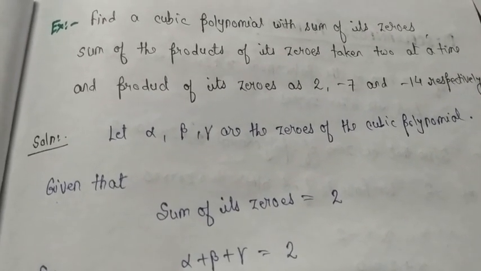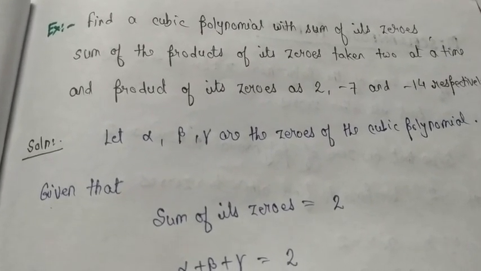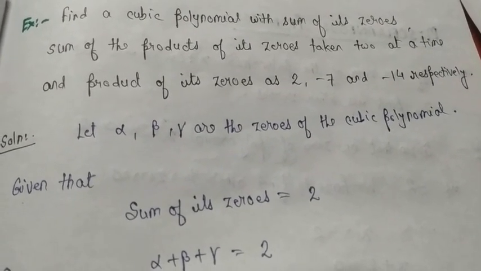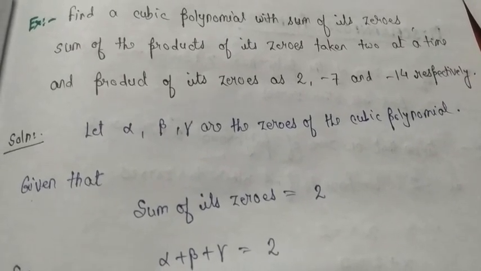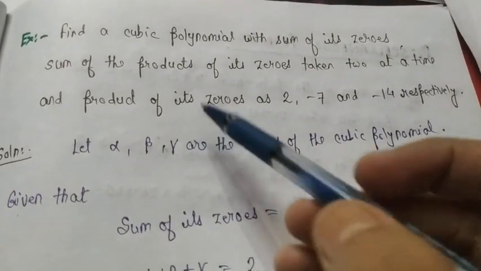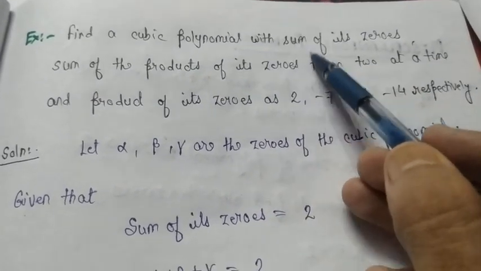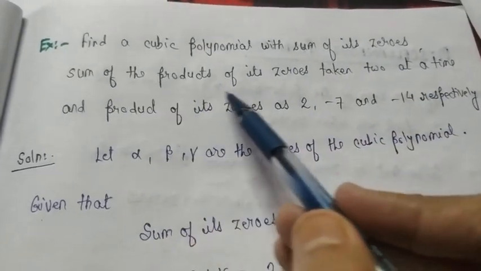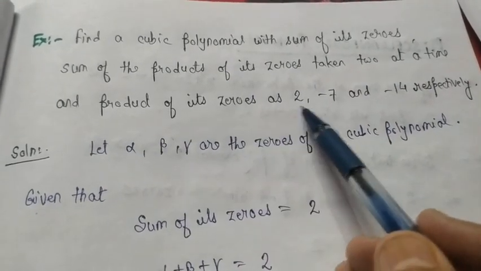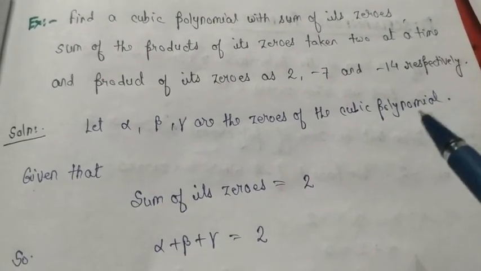Find a cubic polynomial with the sum of its zeros, the sum of products of its zeros taken 2 at a time, and the product of its zeros as 2, minus 7 and minus 14 respectively. So listen children, finding a cubic polynomial means you have to construct a cubic polynomial with these values, as given in the question.